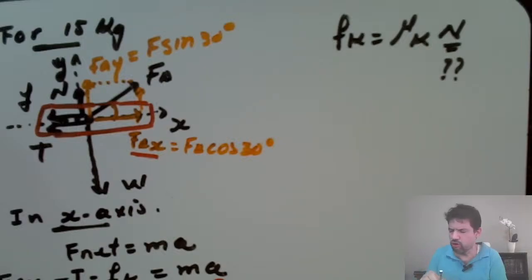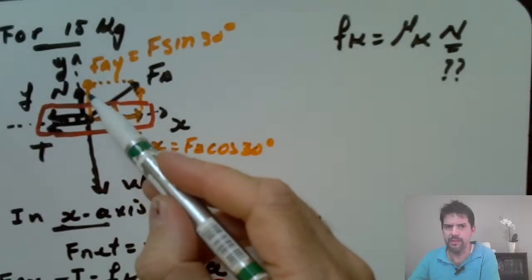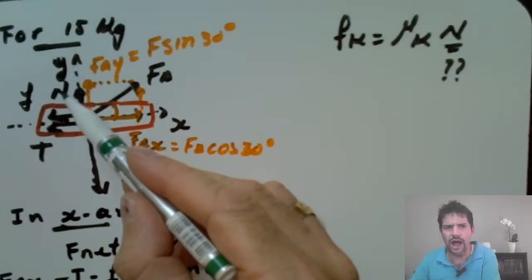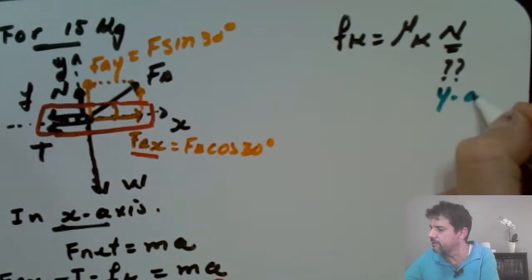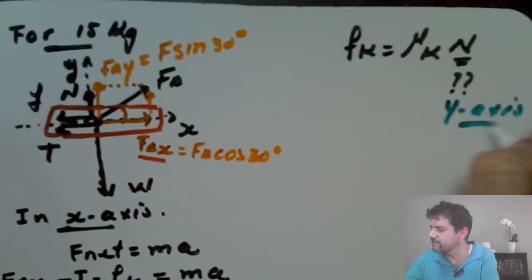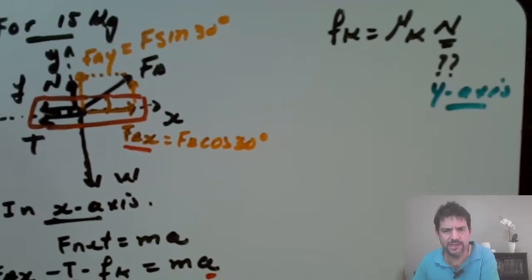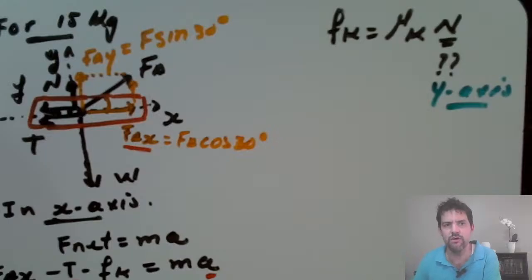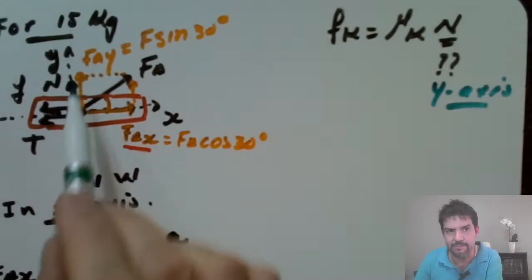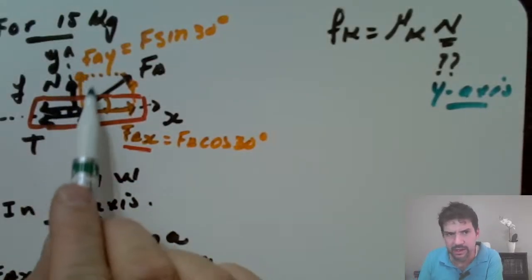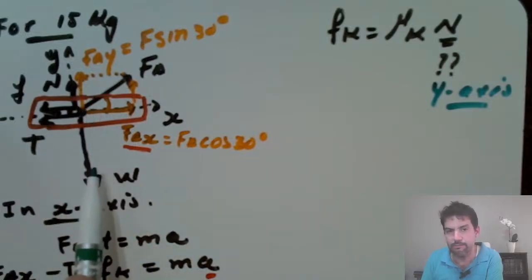So to calculate the normal, if we go to the free body diagram here, the normal is on the y-axis. So to calculate normal, we must go to the y-axis. All right, the object is not moving in the y-axis, so it is in equilibrium. If the object is at equilibrium in the y-axis, everything that is on top is equal to everything that is at the bottom.